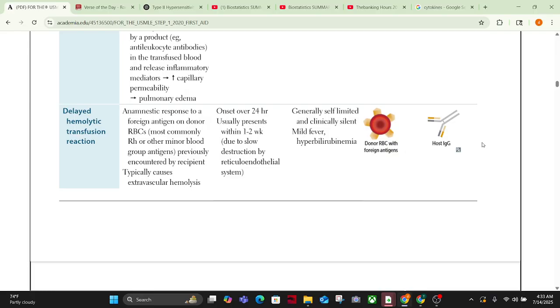This causes the Rh antibody that's being made right after the exposure from the recipient to kill off the Rh positive antigen on the host RBC by hemolysis in the spleen. And Rh negative antigen is not a thing, it's only Rh positive antigen, which means you just have a Rh antigen on the RBC.